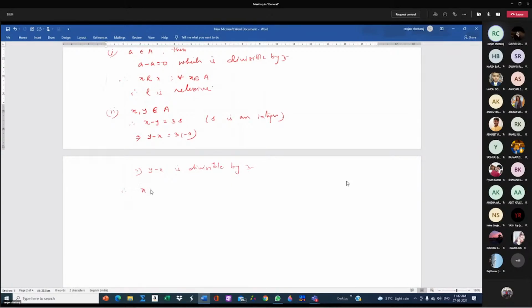So x is R related to y implies y is also R related to x, for all x, y in A. So it is symmetric.